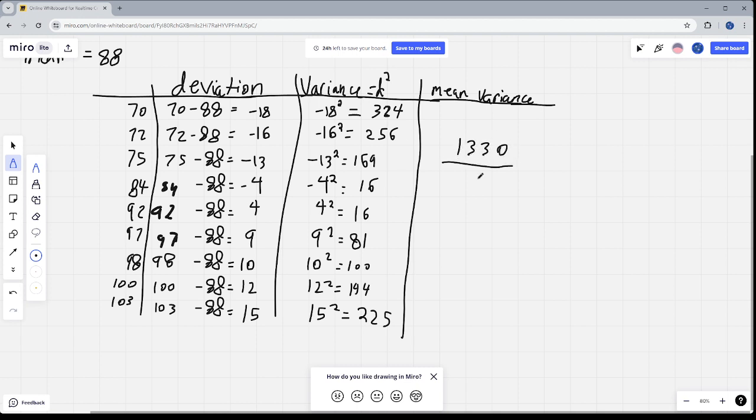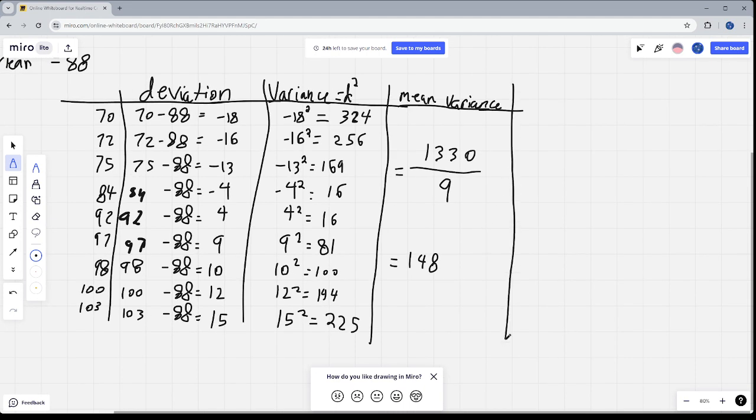Perfect. And then we divide that number by 9. 148. Good.